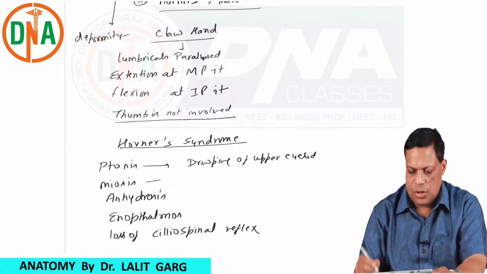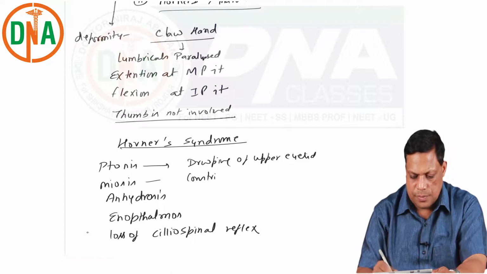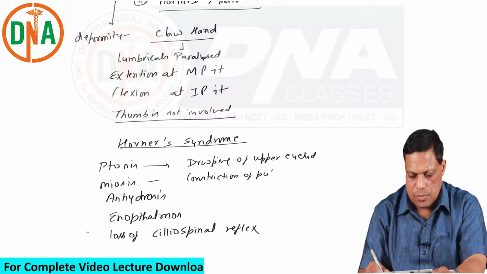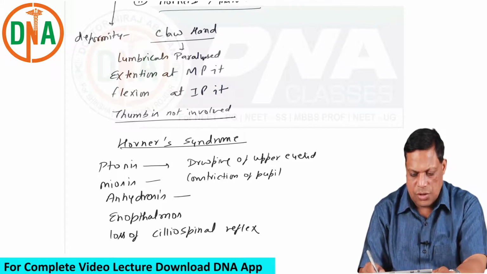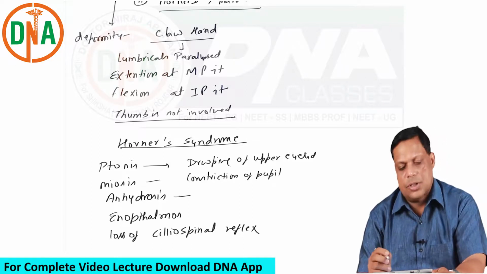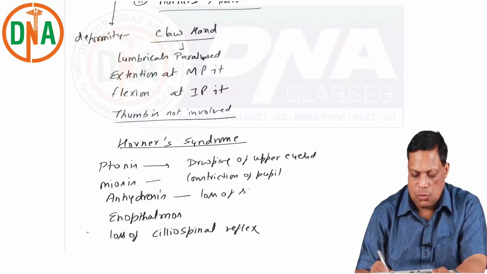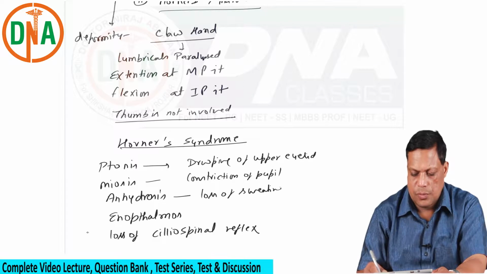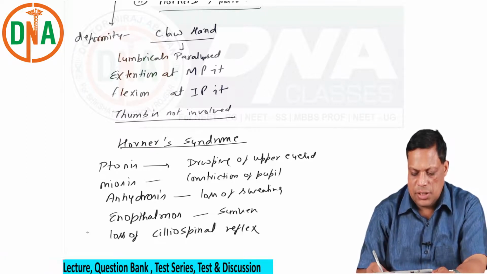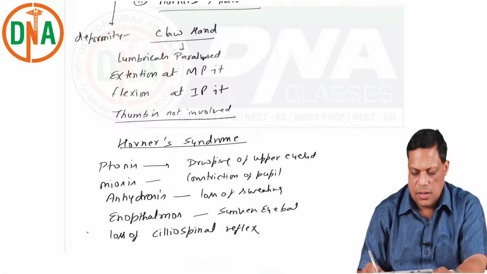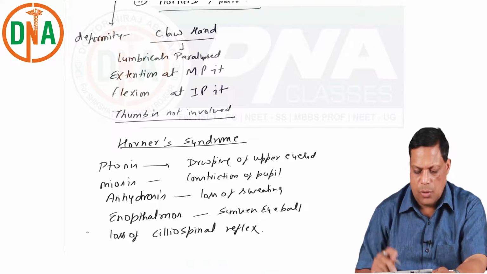Miosis, this is the constriction of pupil. And anhidrosis is the loss of sweating. And enophthalmos, this is the sunken eyeball.